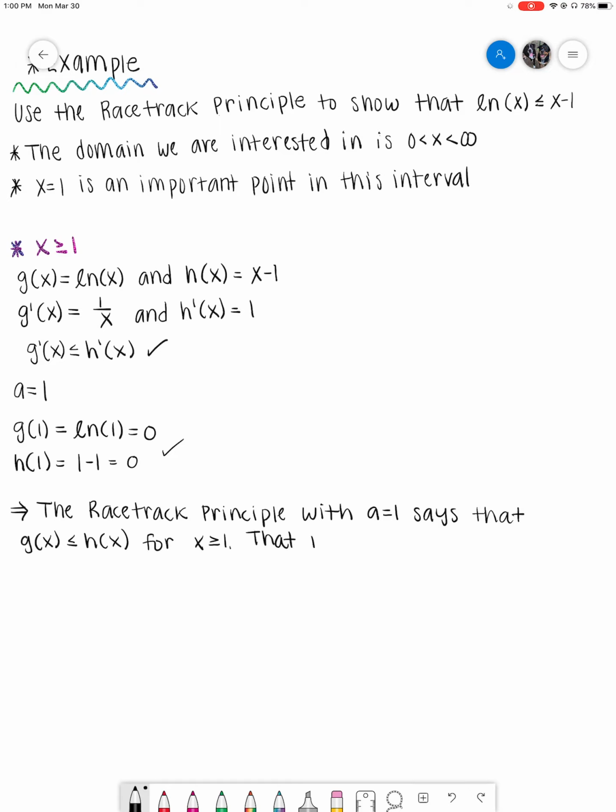And put that back in context. That is ln of x is less than or equal to x minus 1 for x greater than or equal to 1. Good. Now we need to look at the other chunk.